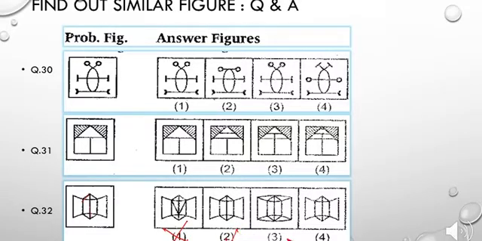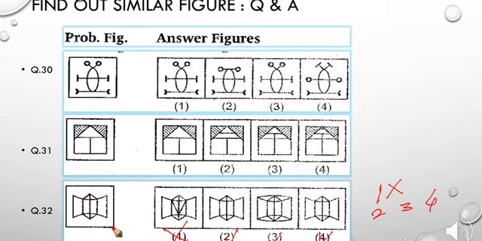Let's check in option 3. Yes, this design is there, this also can be the answer. In option 4, this design is there, this also can be the answer. So far we can say that option 1 cannot be the answer. Answer has to be either 2, 3 or 4.